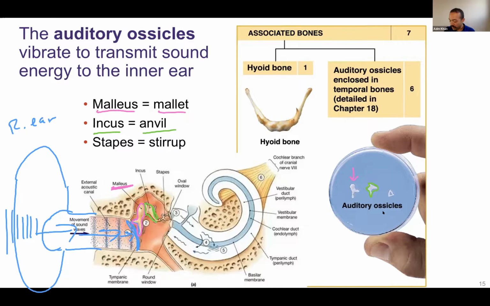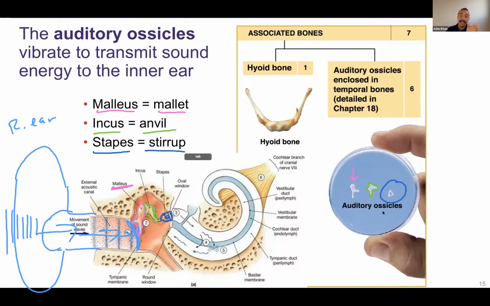The final one, last one on the end here, the most medial of the bones, is shaped like a stirrup. A stirrup is the thing that if you ever climb onto a horse and you put your feet in, so like not the saddle, but where you put your feet in so that it's not dangling on anything. That's a stirrup. The word for stirrup is stapes.